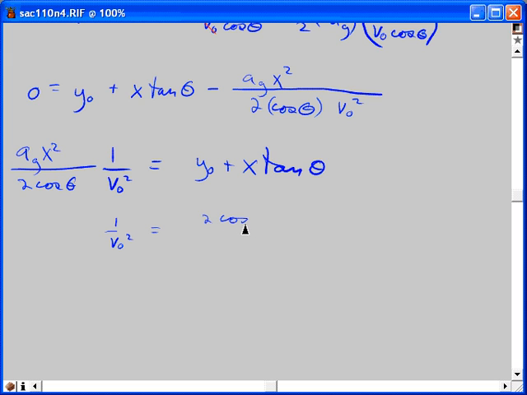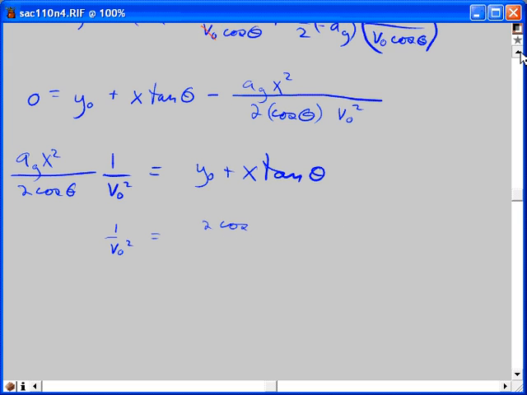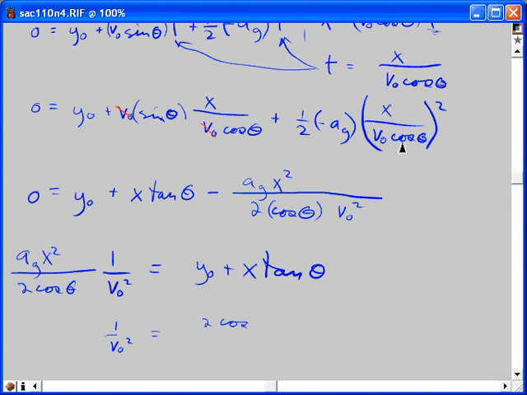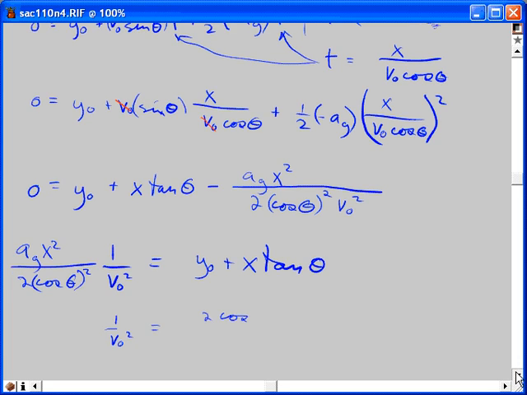2 cosine of theta. Seems like that was squared up here. This was squared right there. So I've got the x squared, I've got the cosine of theta squared, and I've got the v0 squared. Let's fix that up. That's squared.